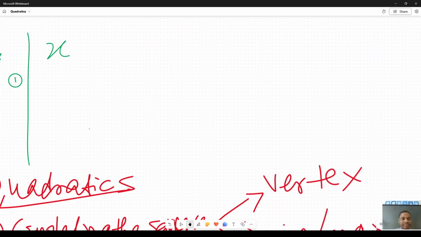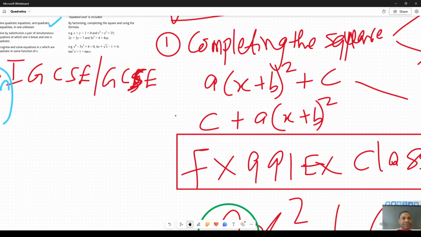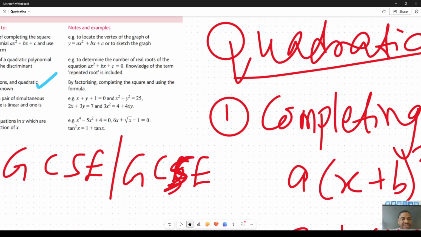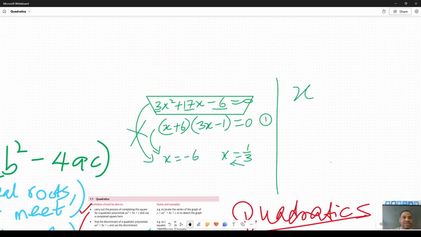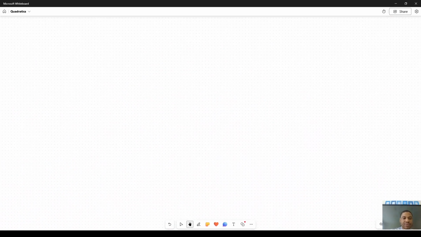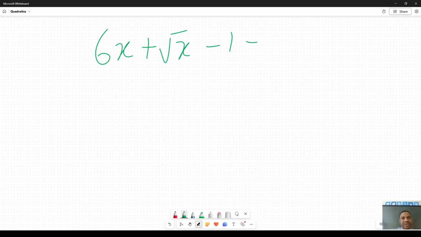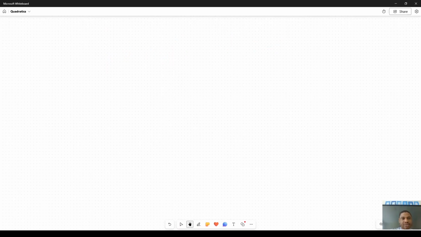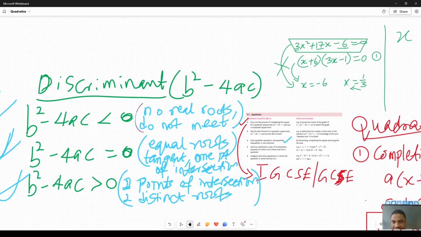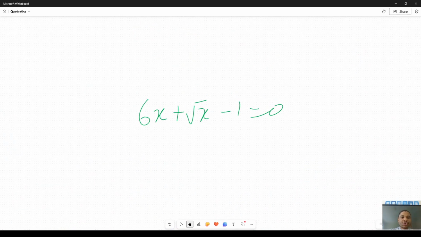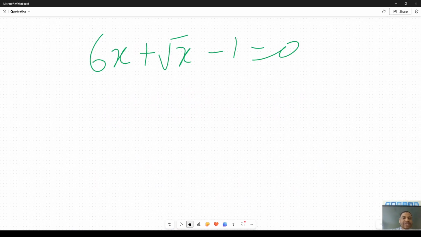Now let's see what we can do from this one: 6x plus root x minus 1 equals to 0. I'll just check again so that we don't run into problems. Okay, like I told you, make u the lowest power.